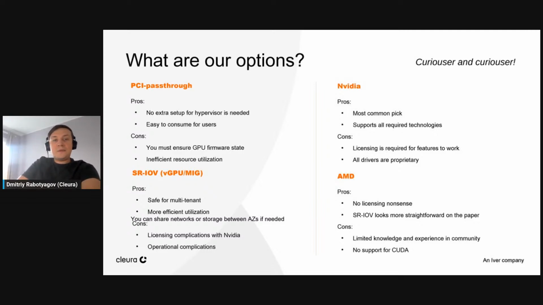On the other side, you should never forget about the inconveniences that proprietary drivers bring with them, and the extra cost of licensing if you choose to use AcceleraV. AMD, on the other hand, proposes AcceleraV kind of free of charge, and the overall implementation looks a bit smooth on paper, but eventually, I personally don't know anybody who runs AMD in their production. So it's a bit hard with community support and with knowledge in the community.